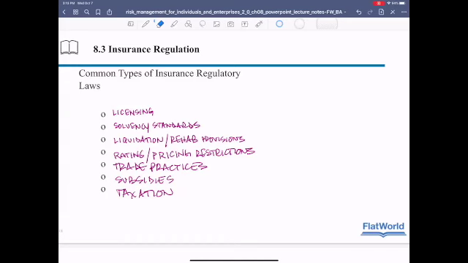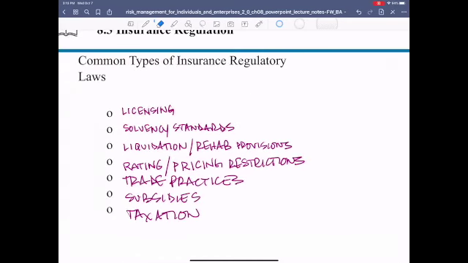So the types of insurance regulatory laws revolve around licensing of both insurance companies and agents, making sure that insurance companies stay solvent, because that is the number one goal. The number one goal of regulation is to make sure that insurance companies stay solvent.